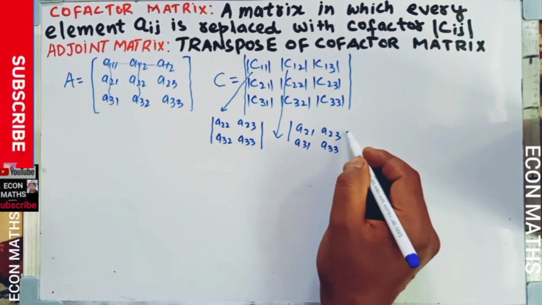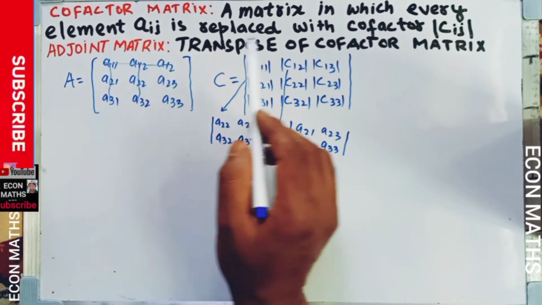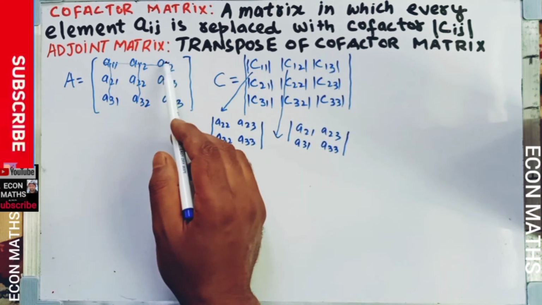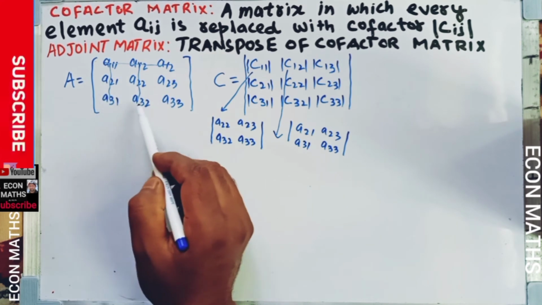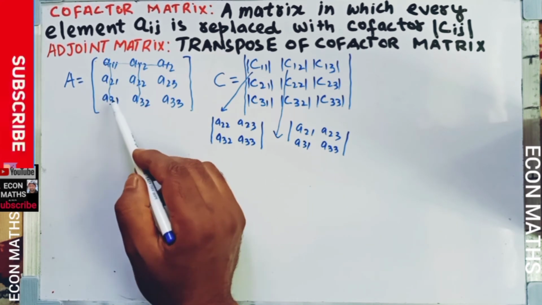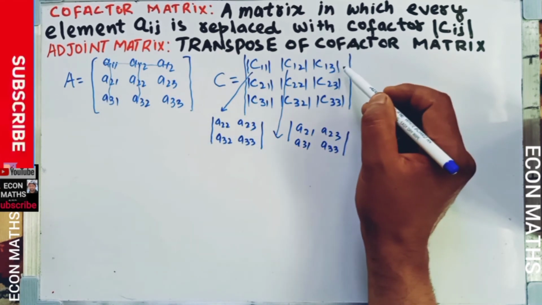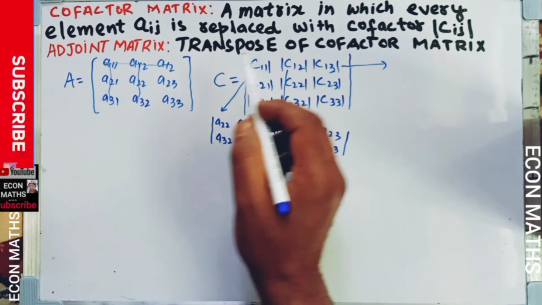Now similar is the case when we replace A13 with its cofactor, that is C13. If we delete the row and the column in which this element appears, the remaining elements form a new subdeterminant, that is these 4 elements. For the sake of understanding I will show you.